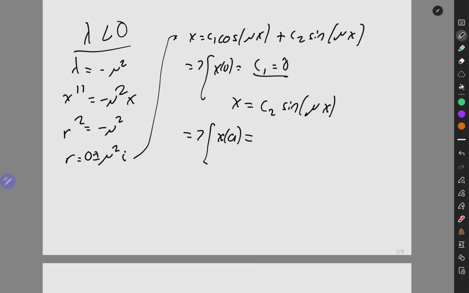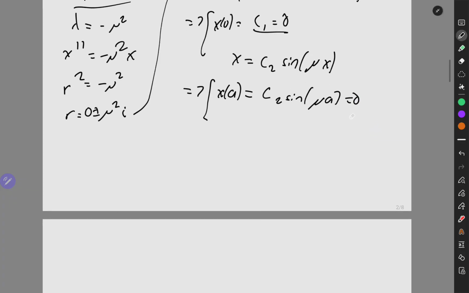We have C2 sine mu A. And now we know from experience how to do this. Remember, we want to figure out when sine of this is 0. In order for that to be 0, this has to be some value of n pi. So then mu is n pi over A.